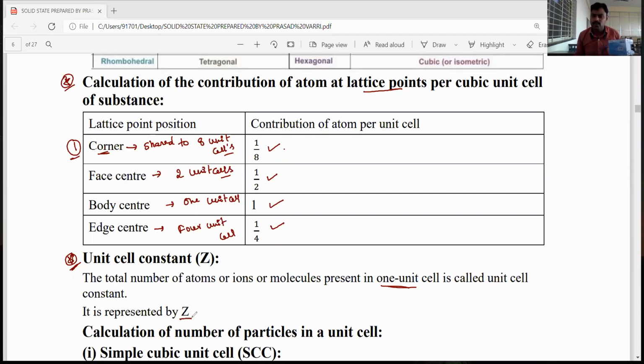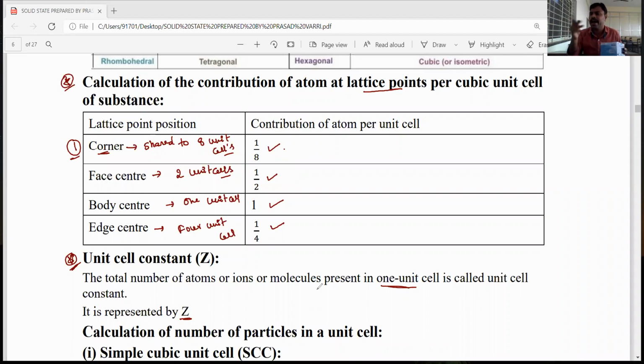So we have to calculate these Z values for the simple cubic unit cell, face centered unit cell, body centered unit cell, end centered unit cell, and hexagonal close packing unit cell. There are 5 types of unit cells. They directly ask the unit cell constant values in board examinations as well as objective examinations, and the calculation is very easy.